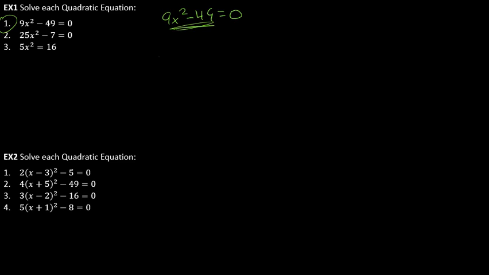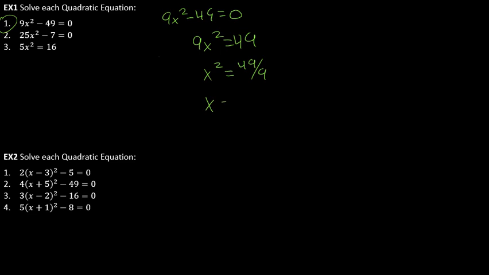This is technically a difference of squares, right? So one way we could solve this is using common sense. So let's go ahead and do that first. We're going to end up with 9x squared equals 49 because we added 49 to both sides. Divide by 9 on both sides, and we get x squared equals 49 over 9, right?